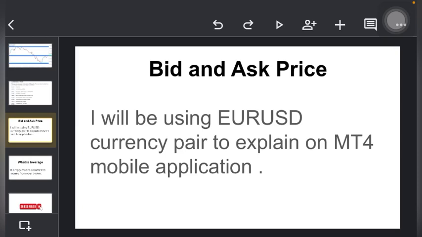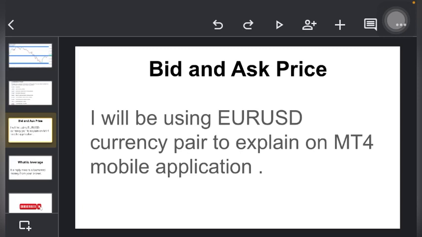Now, what is the concept of bid and ask price? When we talk about ask price, what comes to your mind? Now let me explain. When we talk about bid, we're talking about the price that the buyers are willing to pay for a particular currency pair, a particular financial market instrument.